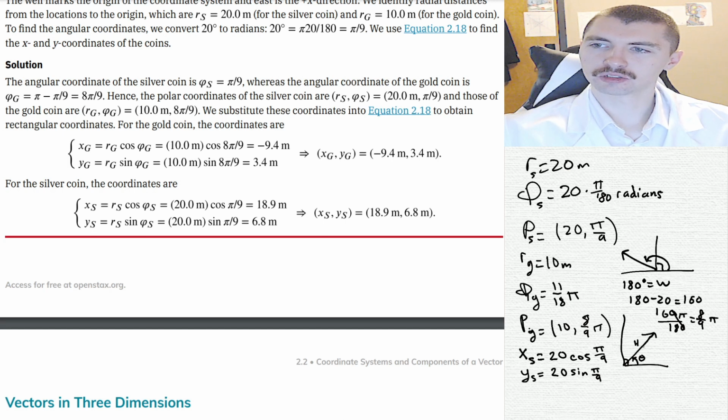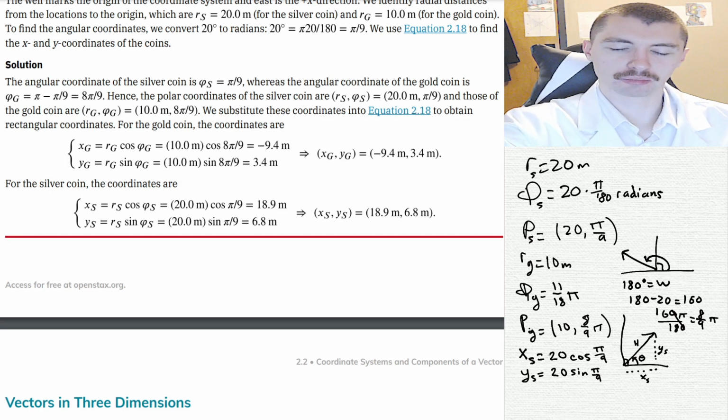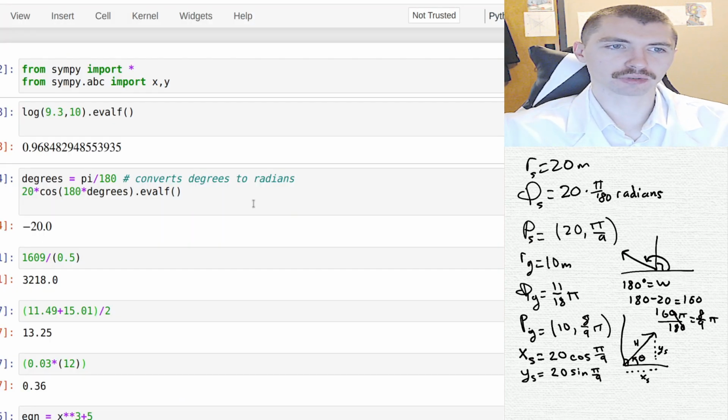So we're breaking the hypotenuse down into its component vectors. So this would be xs, this would be ys. This will give us a number. Let's see if it matches the book.